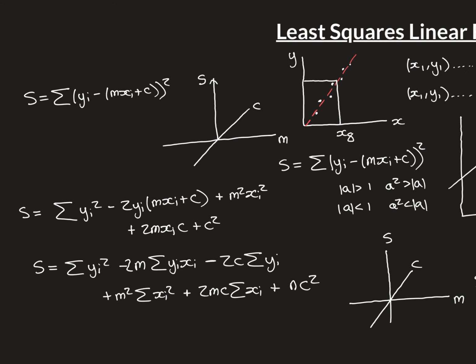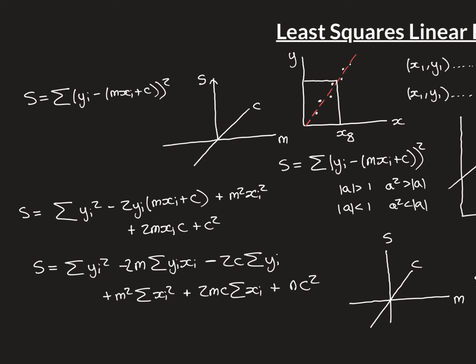Now some more intuition about it. Let's think about what will happen as you let m get bigger and bigger, or as you let c get bigger and bigger. Well, remember what it means, where it came from. If you let m be some absurd number, you let it get bigger and bigger, you can hopefully appreciate that the answer to this sum of all these squared differences is going to become absurd.